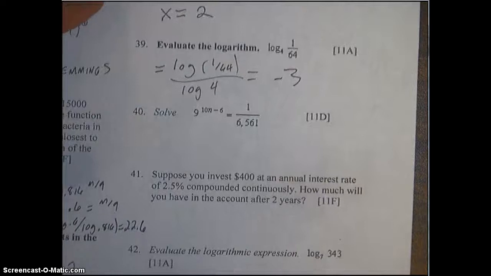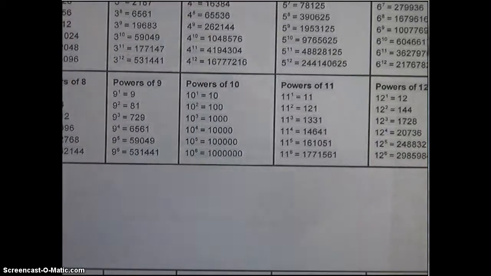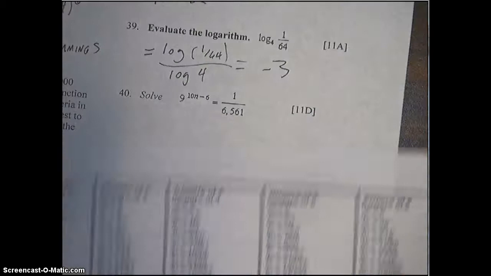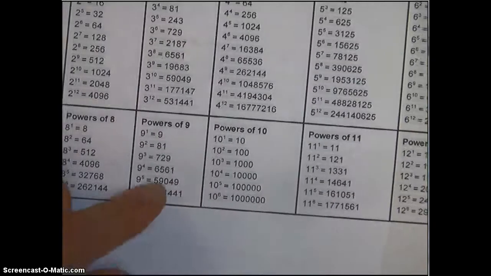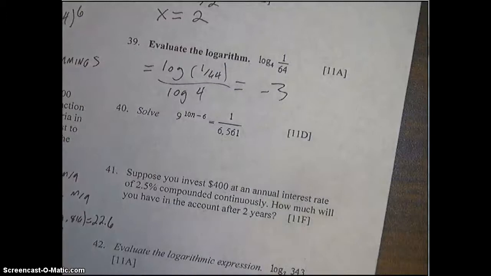And let's solve. 9 to the power of 10n minus 6 equals 1 over 6,561. Remember, we want the bases to be the same. Powers of 9, let's see, what was that number we're looking at? 6,561. That's 9 to the 4th power.